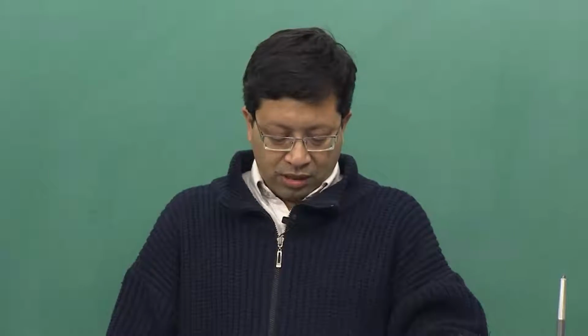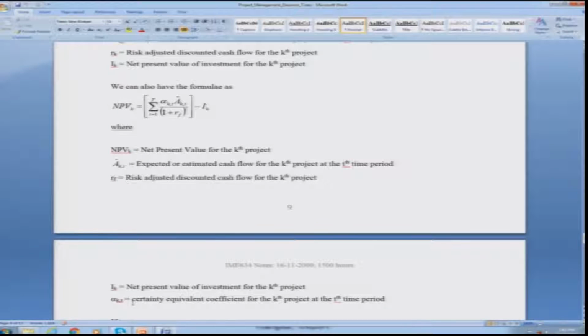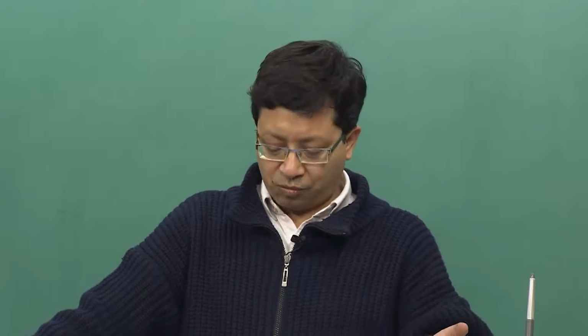These are weightages because there is a certainty value. If I am certain, with probability 90%, that the payback for the project would be positive, then alpha k t would be 0.9, and for other projects it would be denoted accordingly.